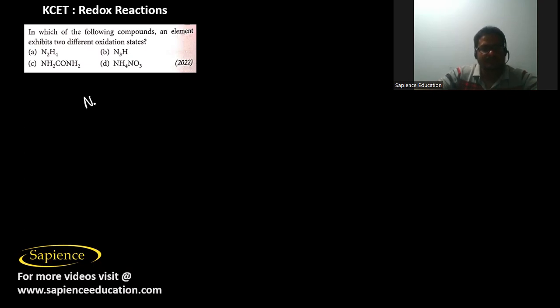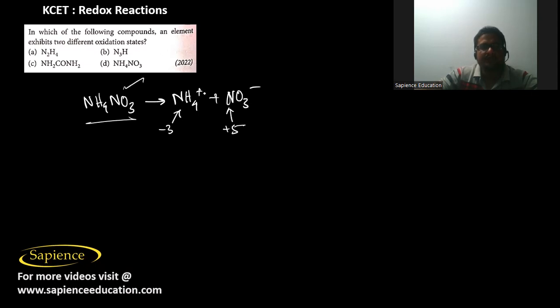Here we have N2H4 and NH4NO3. So NH4NO3, as we have seen, is made up of two complex ions. One is NH4 plus and NO3 minus ion. So here the oxidation state of nitrogen is -3 and here the oxidation state of nitrogen is +5. So it is in NH4NO3 only that we have two different oxidation states.